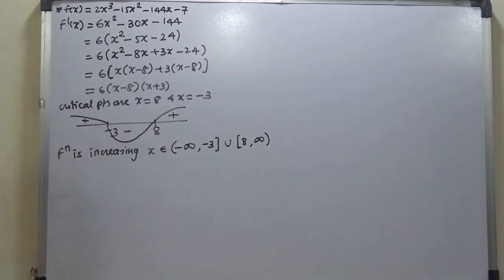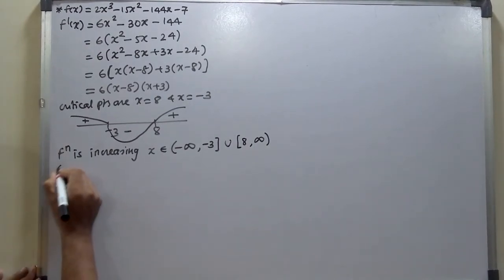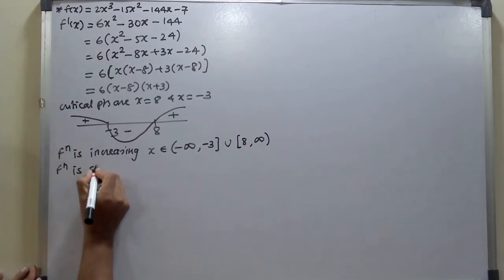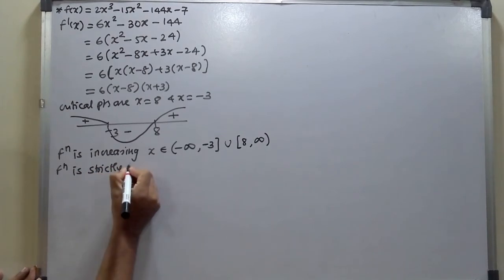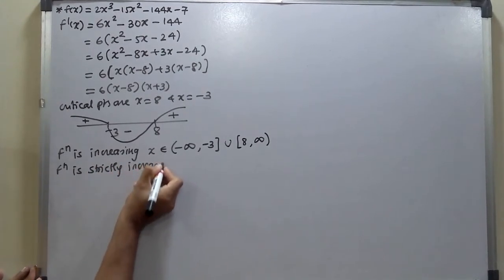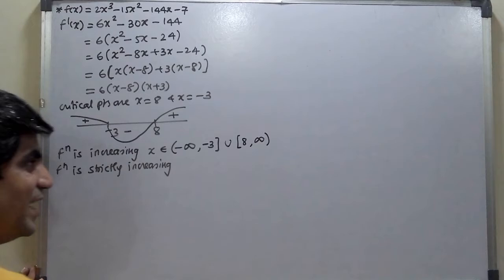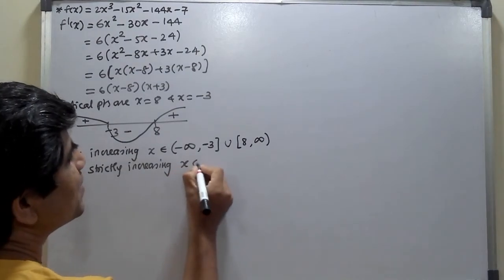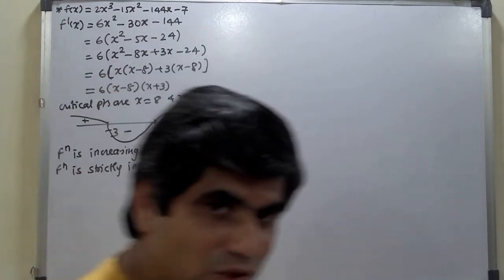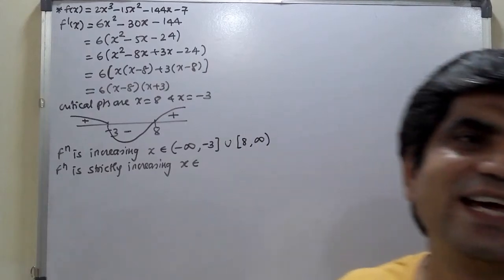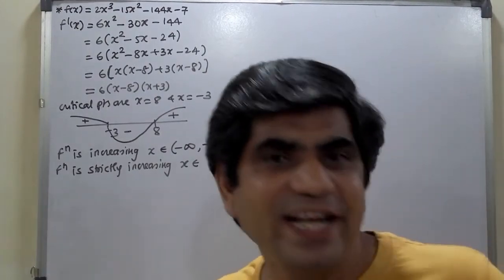It is increasing in this and decreasing. But if I want the function to be strictly increasing, here x must belong to, it is compulsorily greater than 0, not equal to.